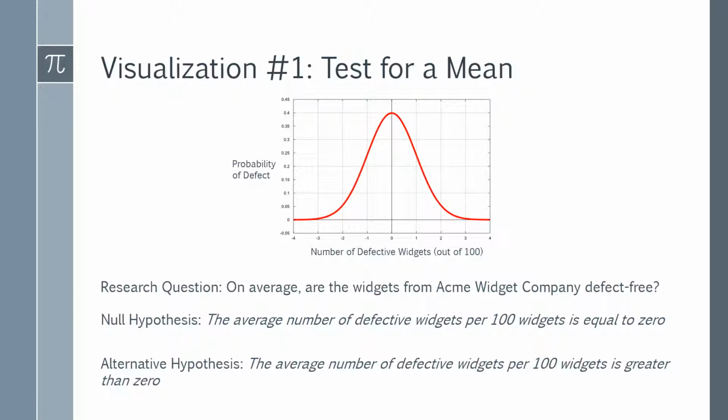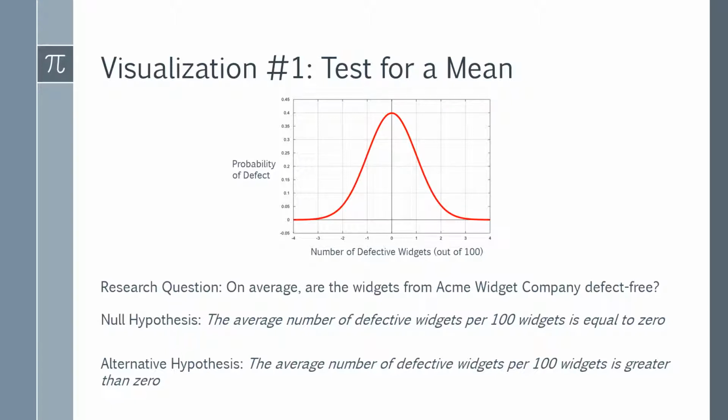When we look at the bell curve here, it looks like the probability of 0 defects is around 40%. So 40% of the time that we're producing these 100 widgets, we are going to have 0 defects. And then you notice that it starts to taper off when we look at the number of defects.